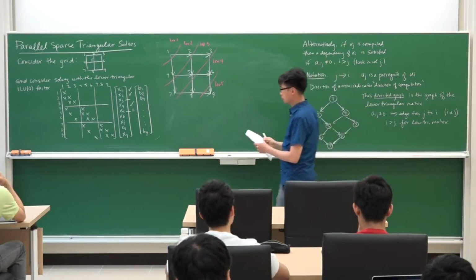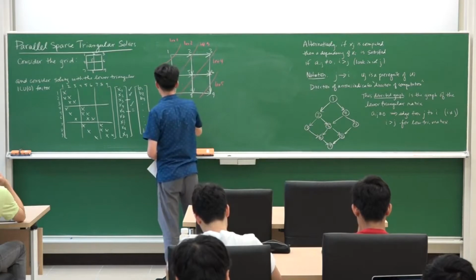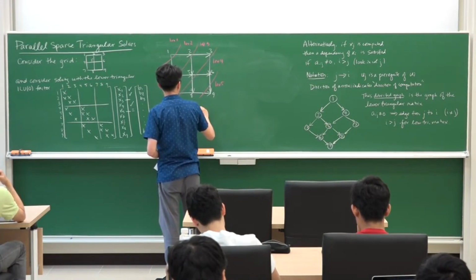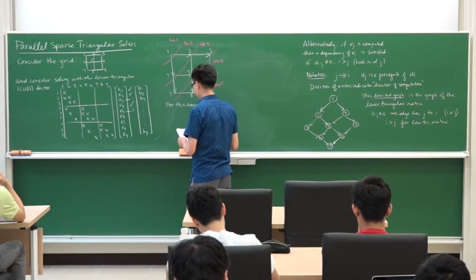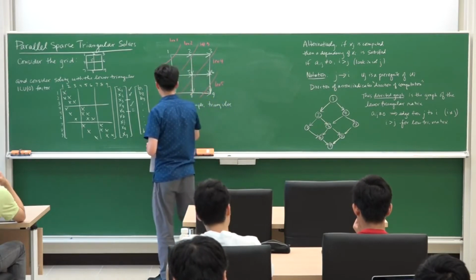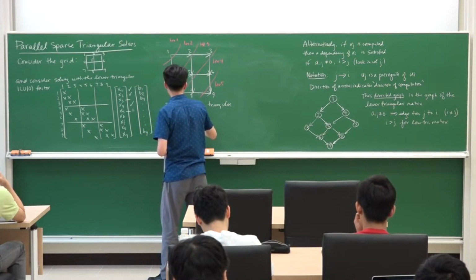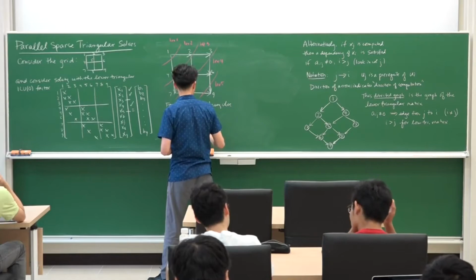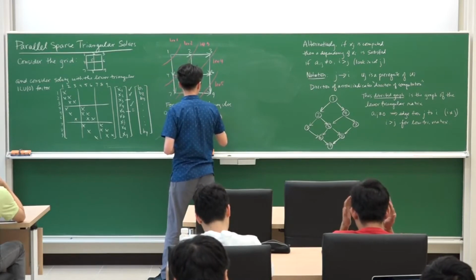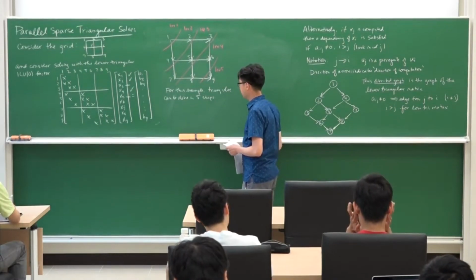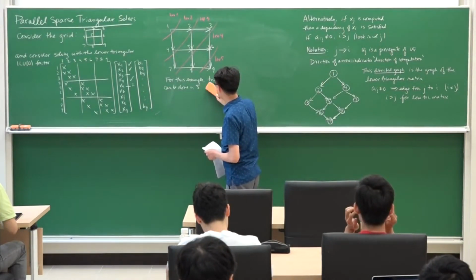So for this example, the triangular solve can be done in 5 steps. Let me call it 5 levels to be consistent.